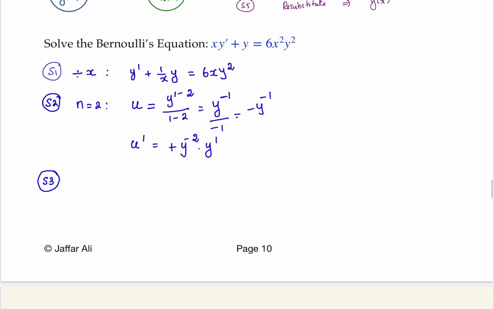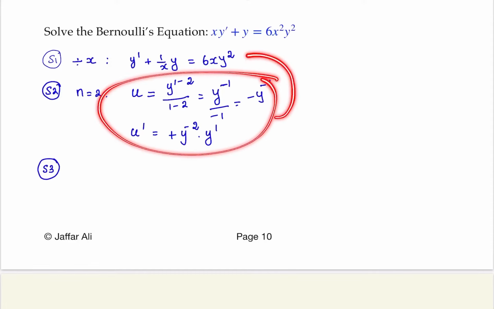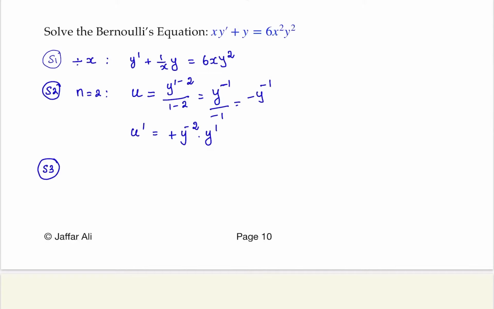When I do that, what's going to happen? I'm going to plug this back into this guy right here, and y prime is going to be, as you see here, u prime.